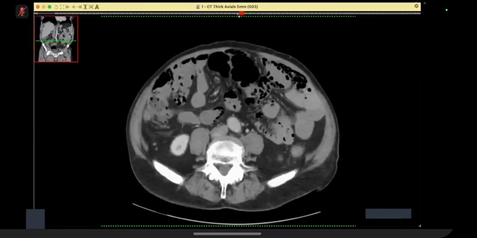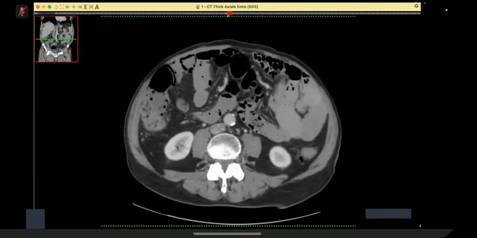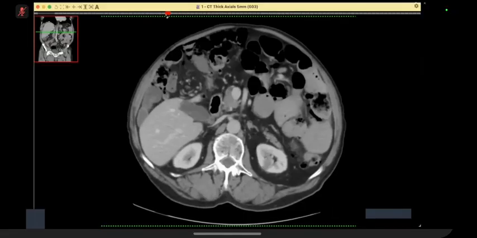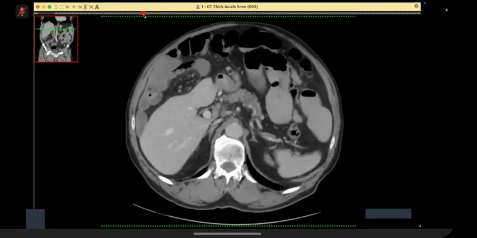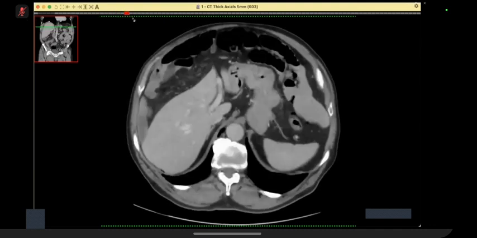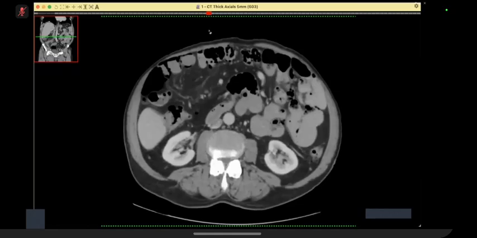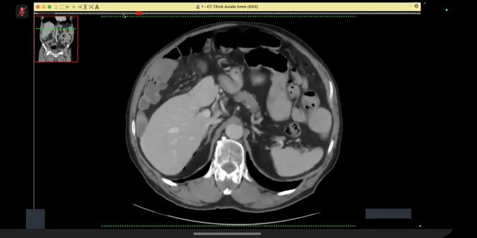Are you okay? Give me 1 second. Yes, scrolling. I'm presented with axial CT slices of the base of the chest, abdomen, and pelvis with contrast in the portal venous phase. I'm just going to scroll through the given set.